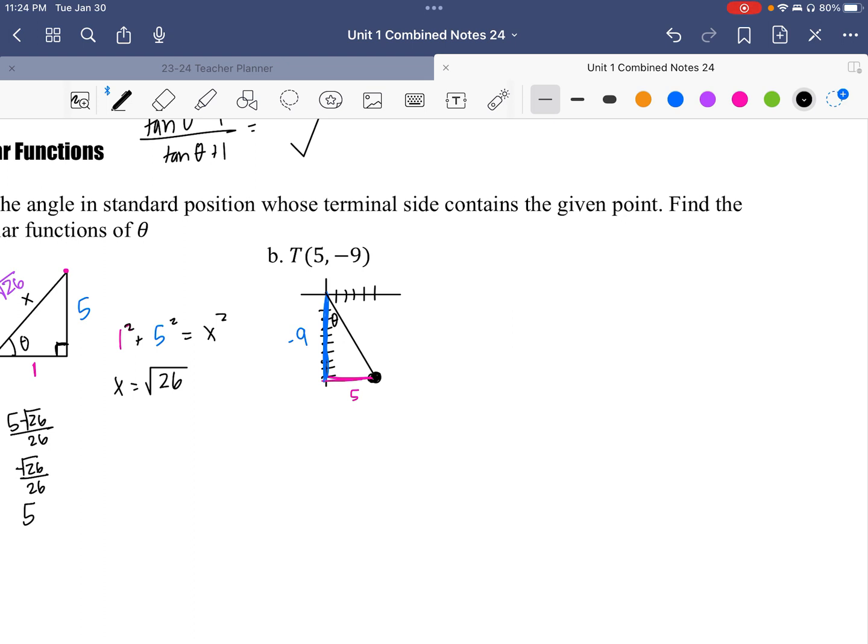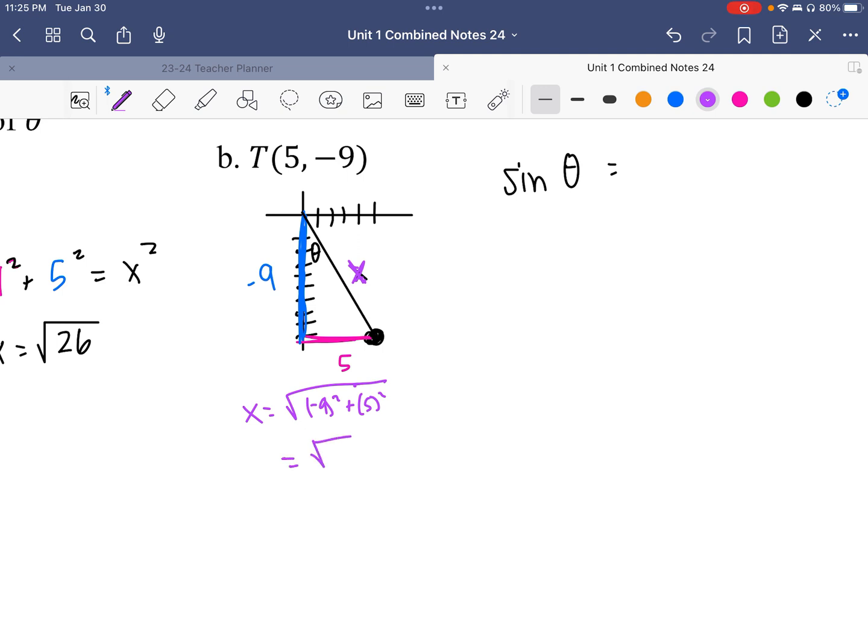So then you would just have to go in and say, okay, the sine of theta is going to be equal to the opposite over my hypotenuse. Well, that requires knowing what my hypotenuse is. Okay, so remember, my hypotenuse is going to equal the square root of both of my sides squared.